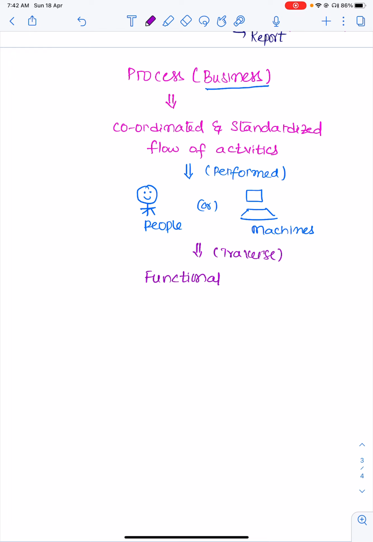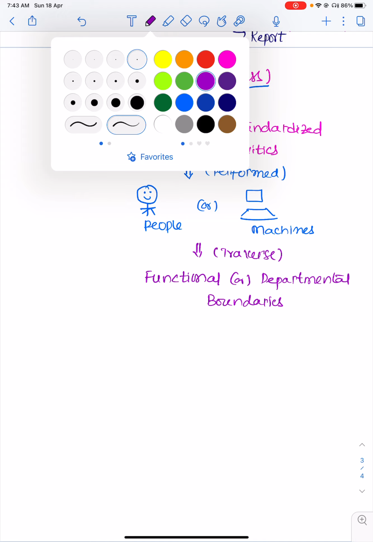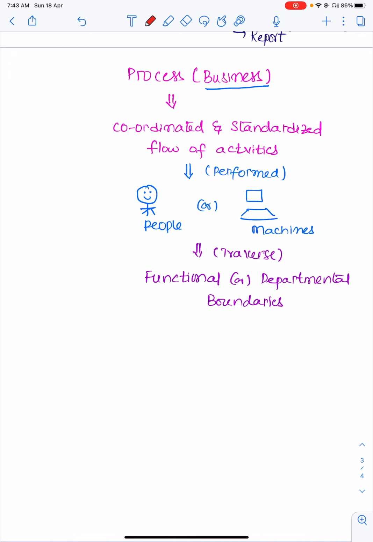Which travels across functional or departmental boundaries. For what purpose?